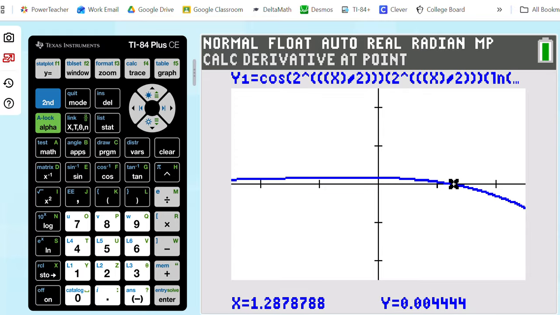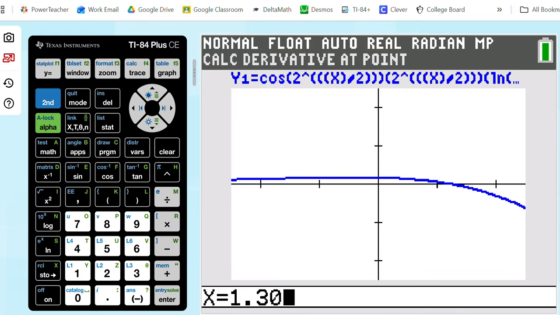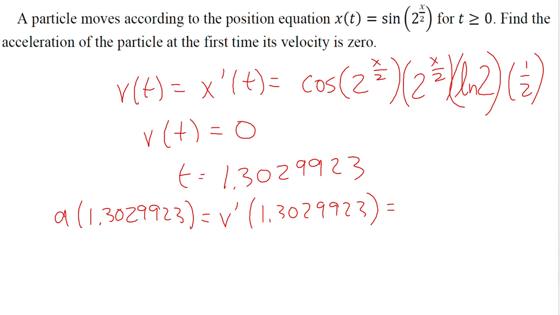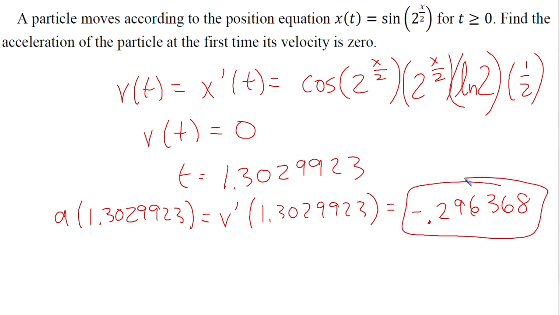And we'll just type in 1.3029923, I believe is what it was. And we'll hit enter. And it should give us negative 0.296368. And so that will be our final answer. This is equal to negative 0.296368. And that is our acceleration at the first time when the particle's velocity is 0.